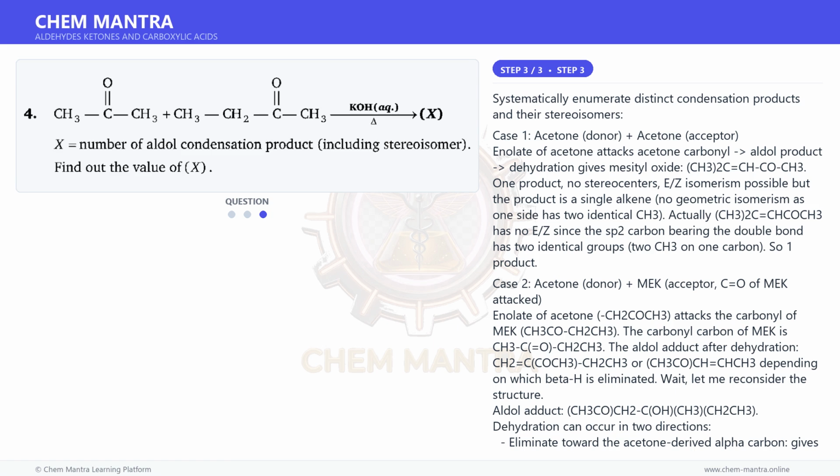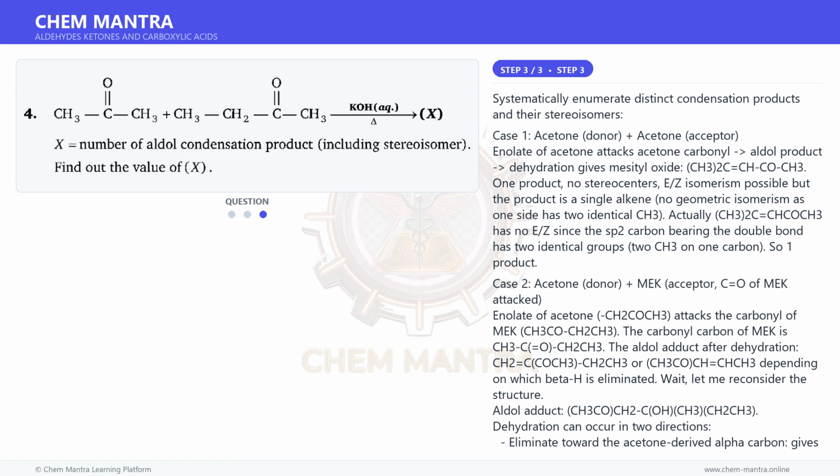Dehydration: eliminate O and a beta H. A: eliminate from the donor alpha C, which is CH(CH3). So eliminate H from there and the O forms a double bond between the two central carbons, CH3COC(CH3)=C(CH3)CH2CH3.